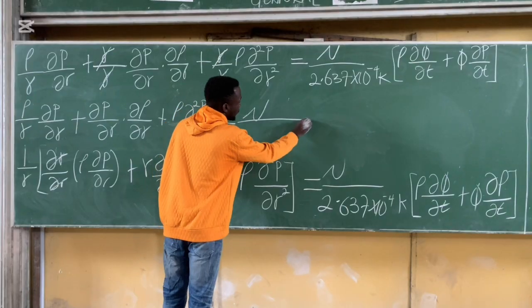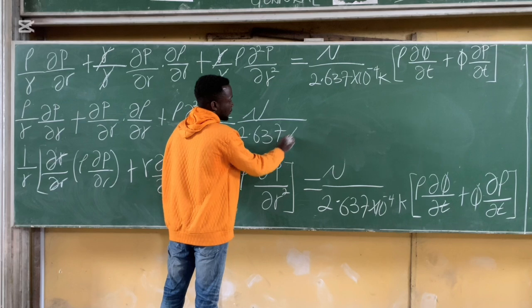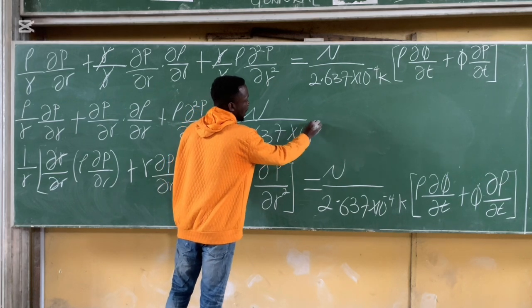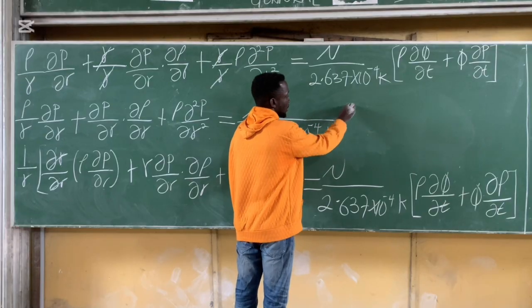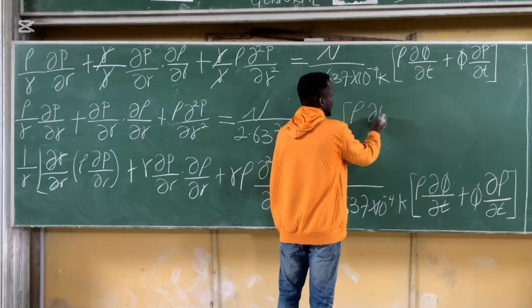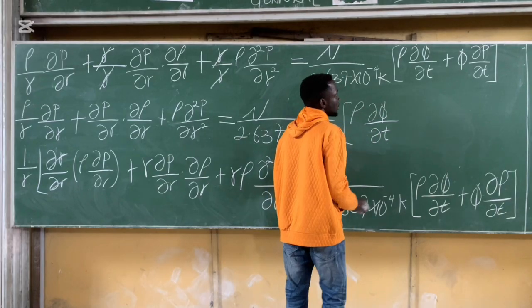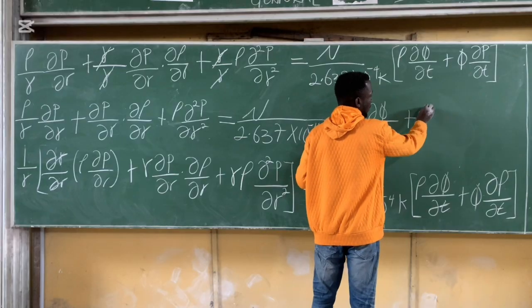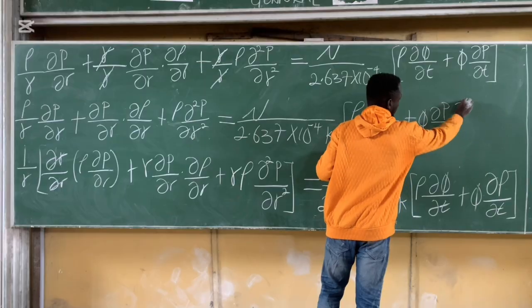mu divided by 2.637 times 10 raised to the power of minus 4 k into rho d phi divided by dt plus phi dp divided by dt.